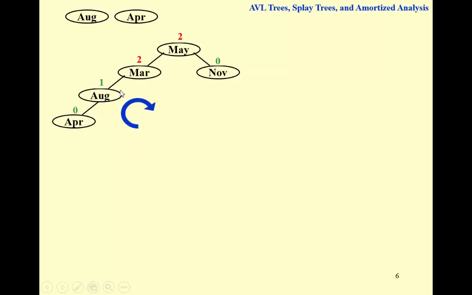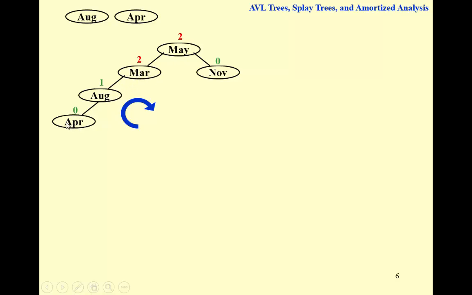Everything is just symmetric. We just do a clockwise rotation. That will solve the problem, since this troublemaker is in the left subtree of this trouble finder. Trouble finder is the first node that signals the trouble, because all the BFs are supposed to be updated from bottom up. Therefore, March is the first trouble finder.